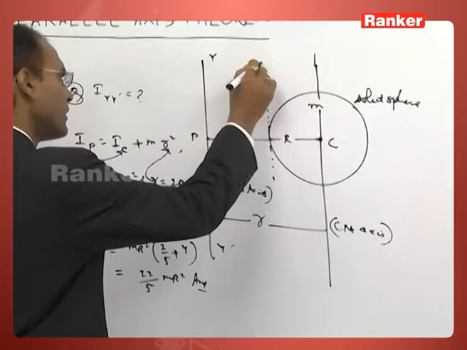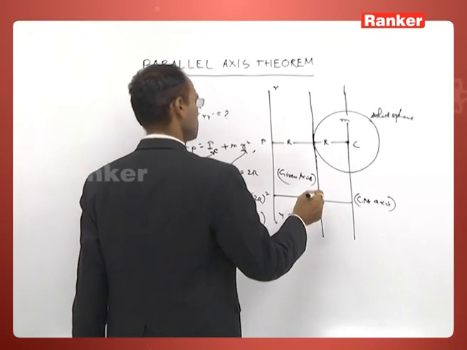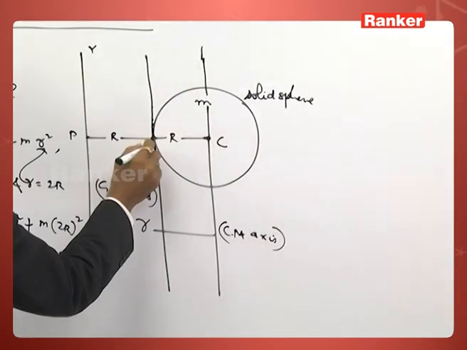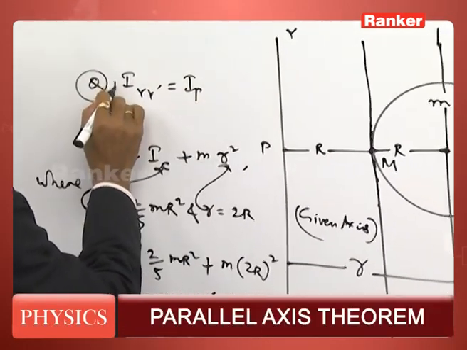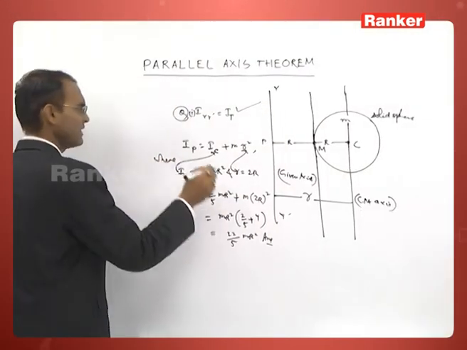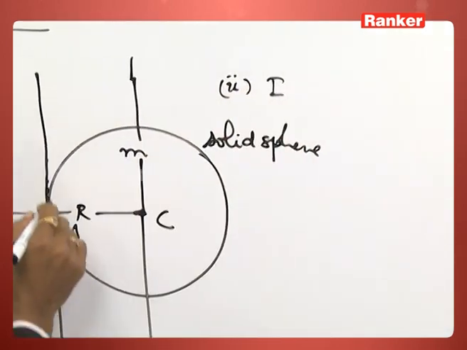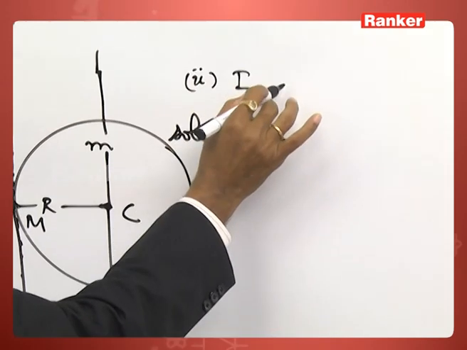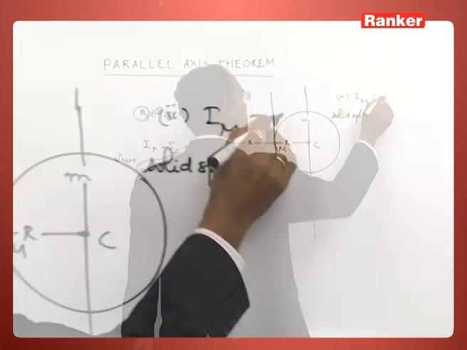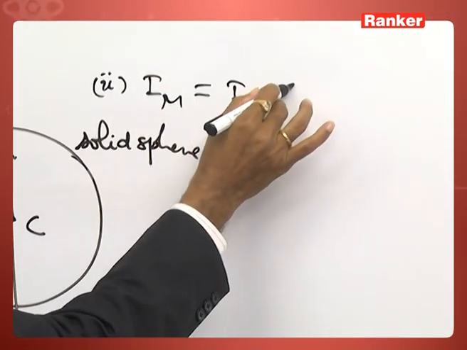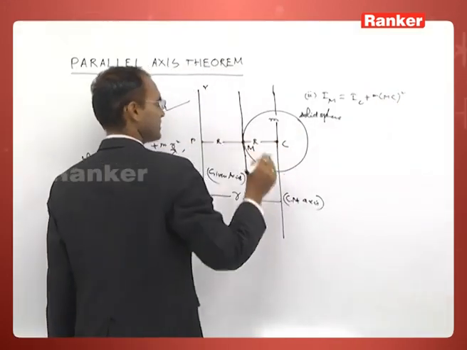If you take another axis which is parallel to the centroidal axis and passing through this point, suppose M, how to find the moment of inertia about this axis which passes through M? Apply the parallel axis theorem, which states that IM is equal to IC plus M into the distance between these two axes.